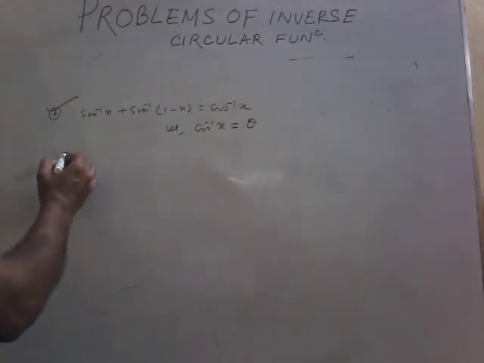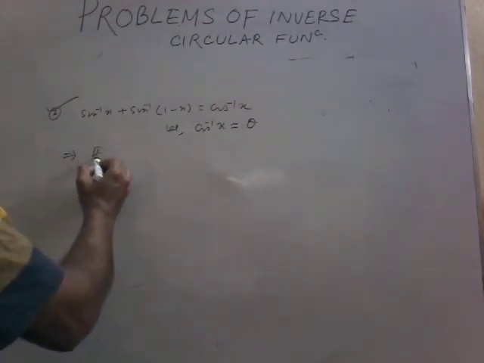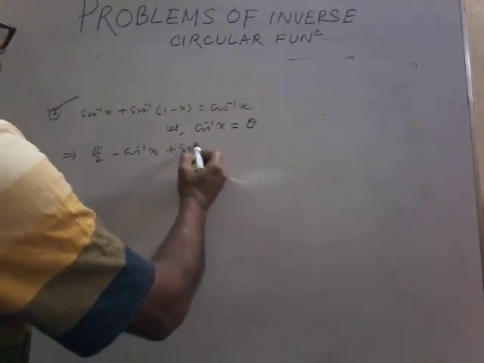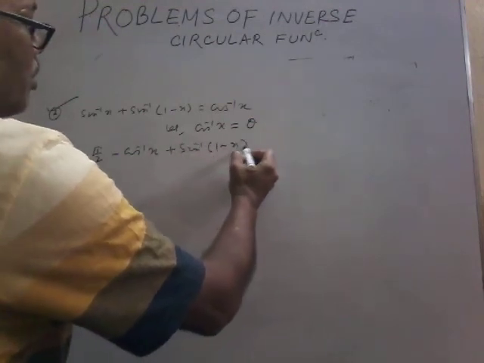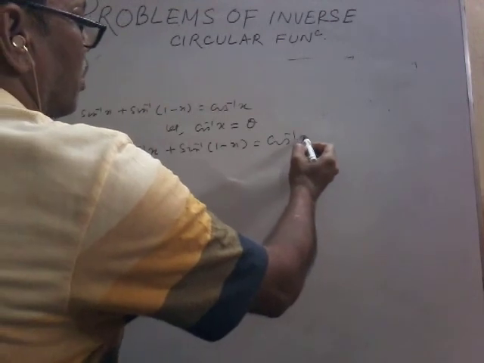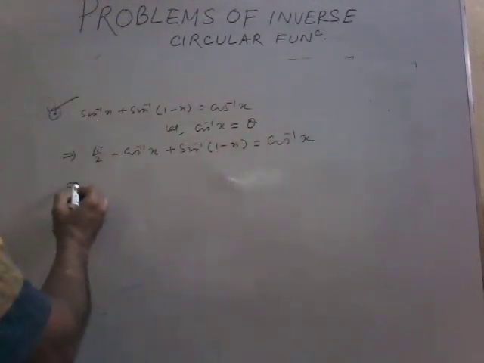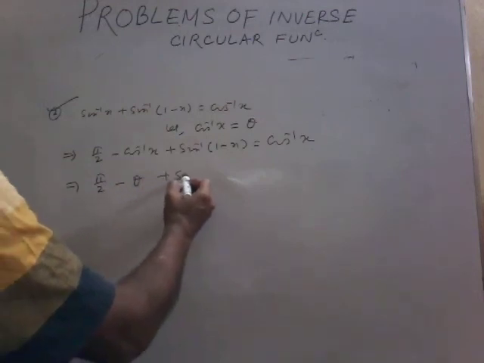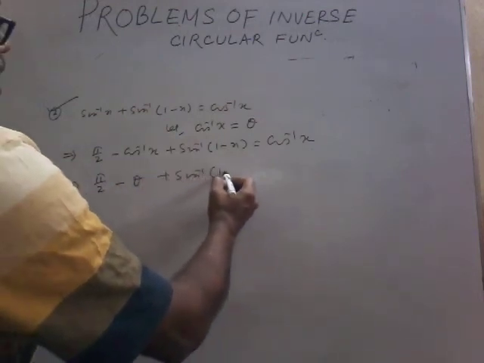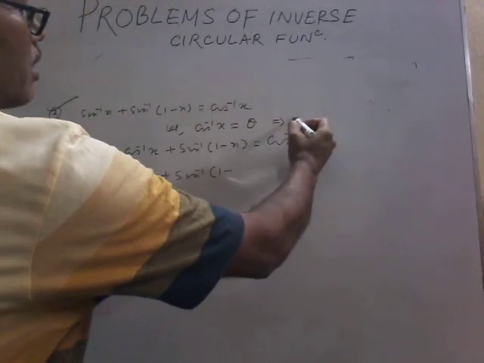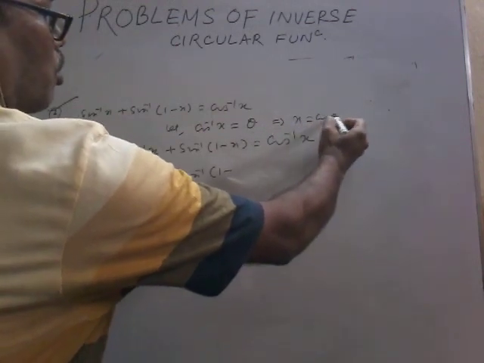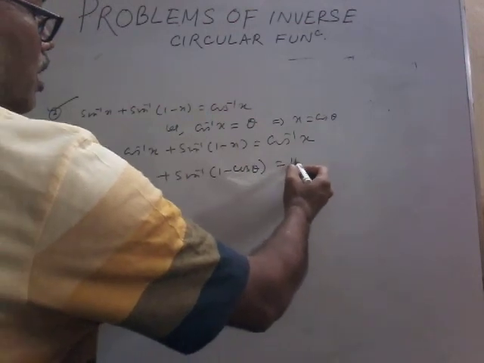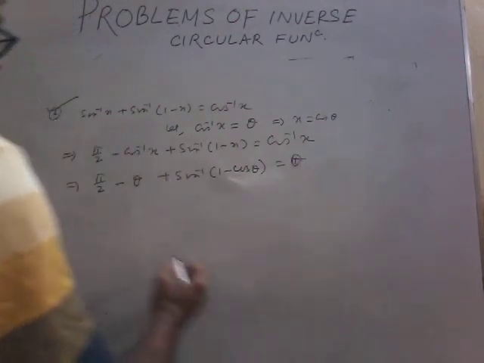So what is sin inverse x? Pi by 2 minus cos inverse x plus sin inverse 1 minus x equals cos inverse x. So pi by 2 minus theta plus sin inverse of 1 minus x. So what is x? x equals cos theta. So 1 minus cos theta.